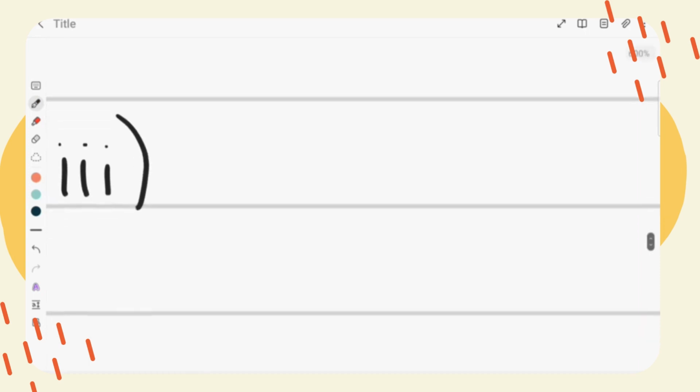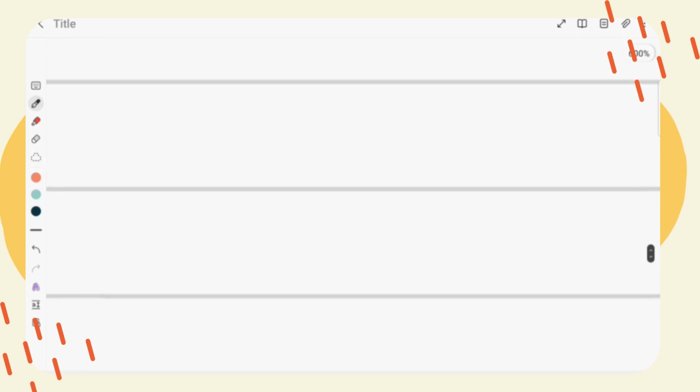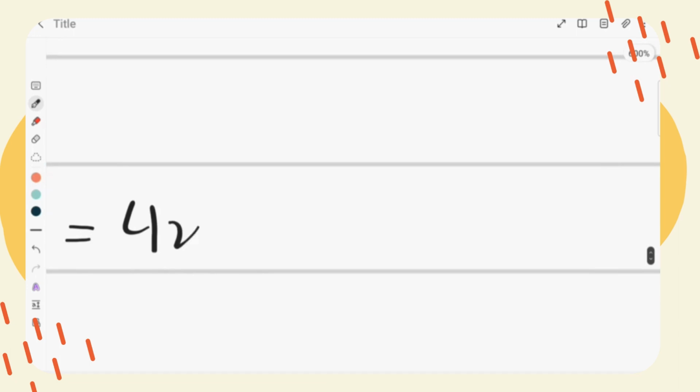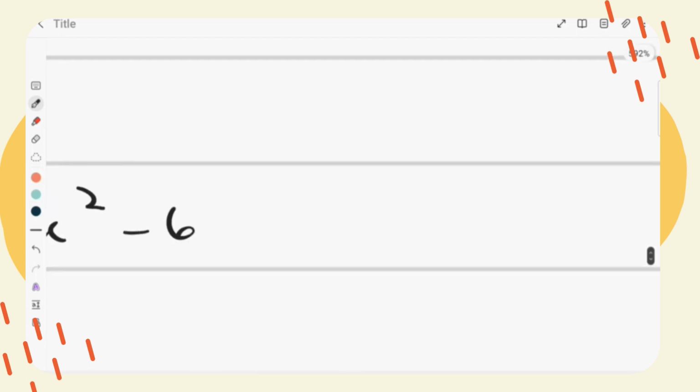So we will put it into the table. f prime x equals 4x cubed plus 6x squared minus 6x minus 4.